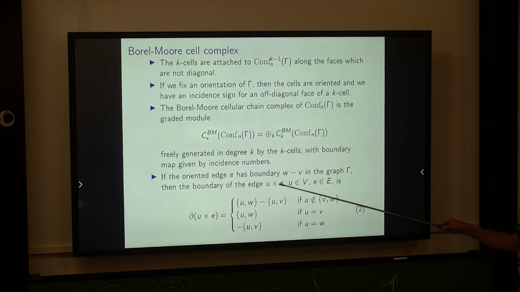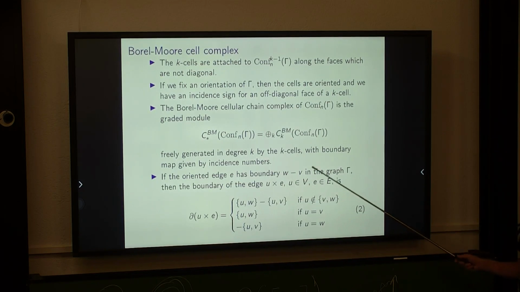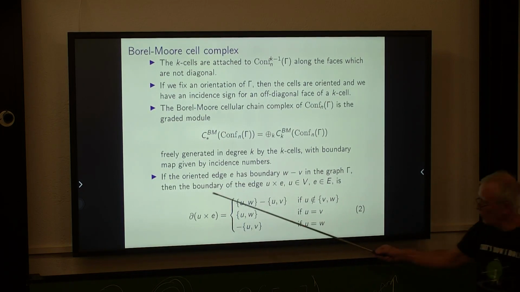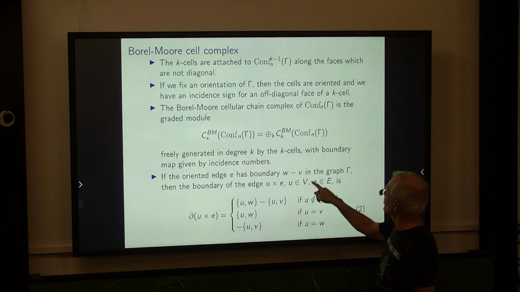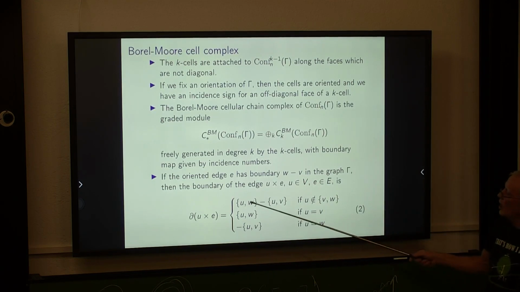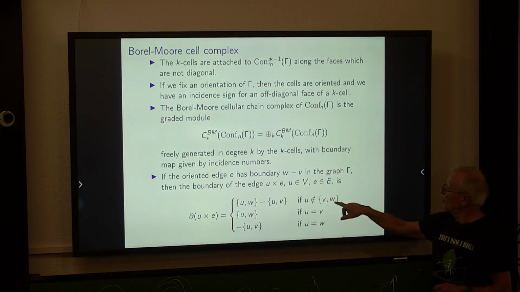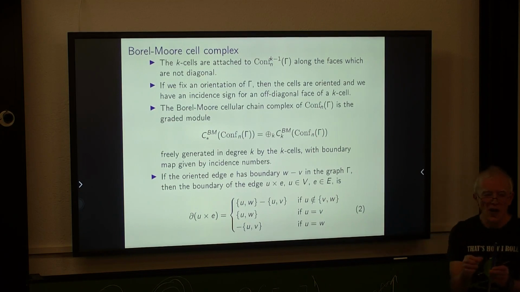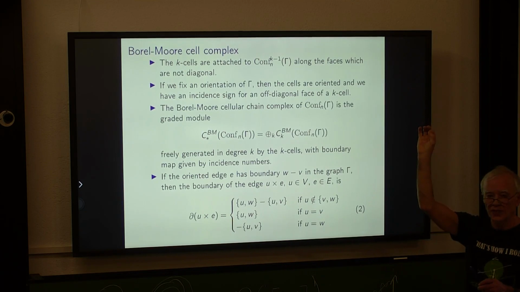For example, if you take an oriented edge, it has boundary W minus V. And you have a boundary of the edge U times E. Sorry, this should be S. Here I didn't change. This should be vertices. So the boundary will have 2 points if U is not one of V and W. But you can have one edge with only an incoming or outgoing boundary point, because the other is going to infinity.